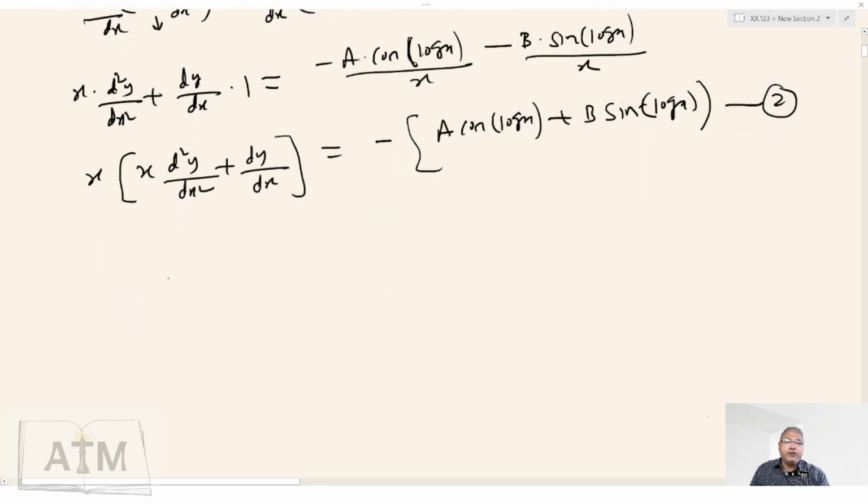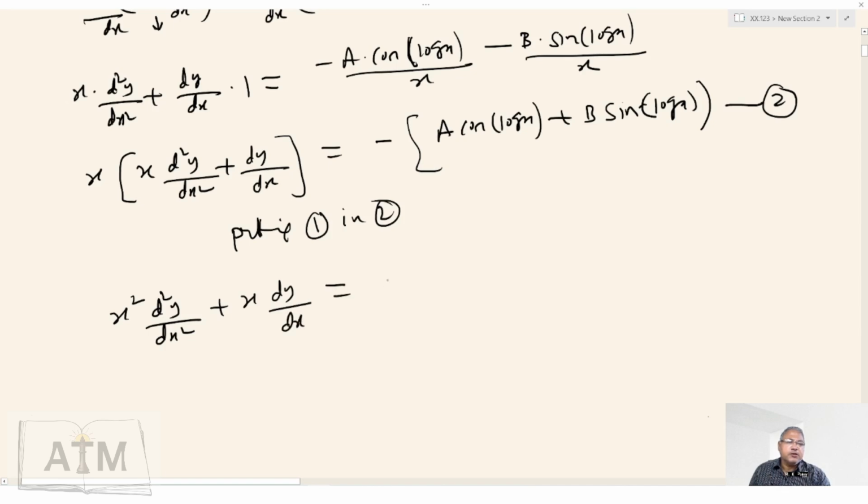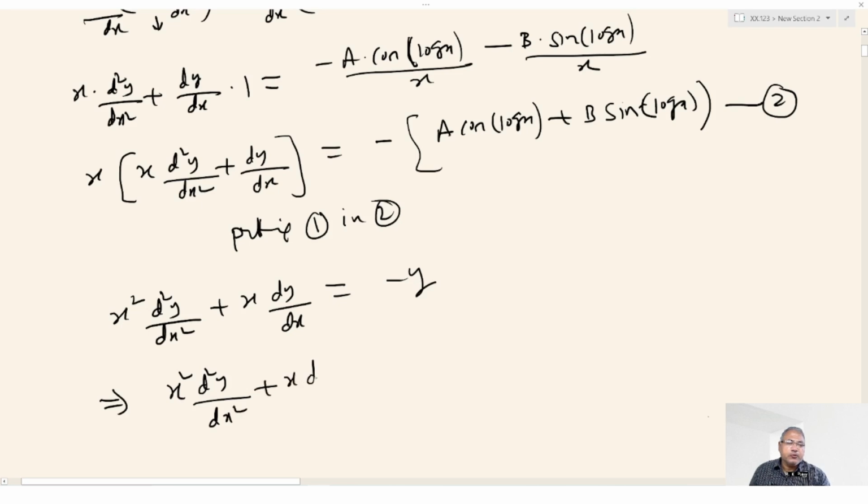Now putting 1 into 2, x square into d2y by dx2 plus x dy by dx equals minus y, which implies x square d2y by dx2 plus x into dy by dx plus y equals 0. This is the required differential equation.